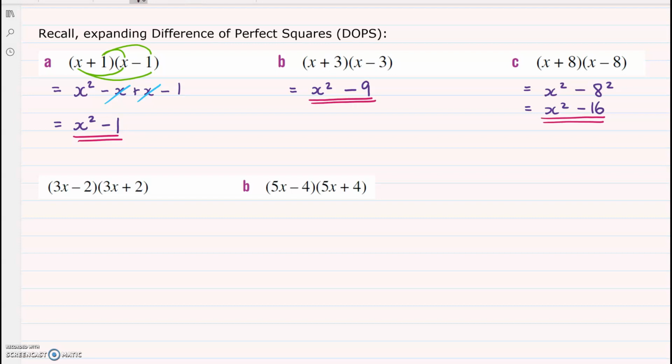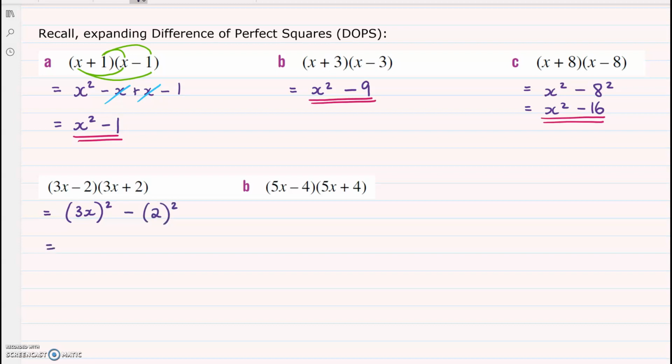You may have a bracket that has something else in front of the x, like these last two further down. So I'm just going to show you how we do those. It's still going to be, because the brackets are identical except for the positive negative, it will be the first term squared. Now that's also the 3 being squared, not just the x, minus, and it will be the last term squared.